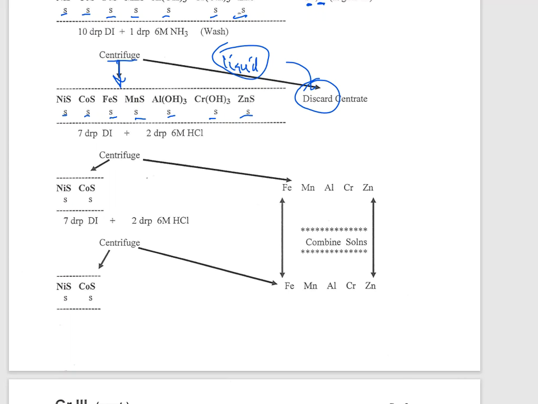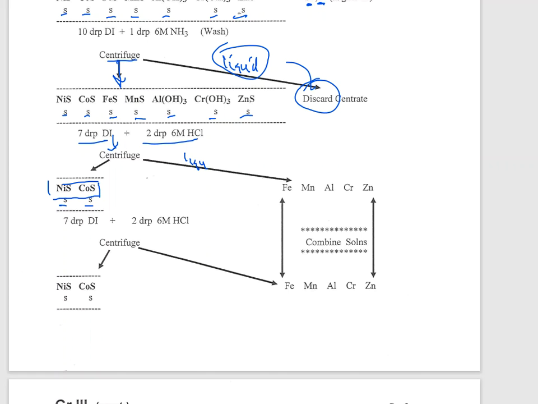Well, this solid probably still isn't cleaned as much, and we need to start separating these cations from each other. So 7 drops of water and 2 drops of acid will come next. Then we spin it back down in a centrifuge, and we will get a solid. But this time, the solid will only come from nickel or cobalt. That's it.